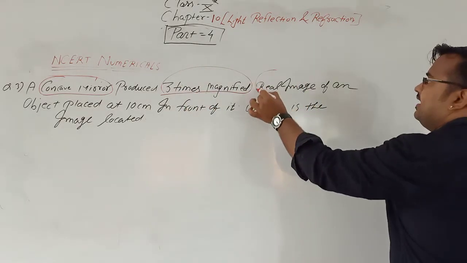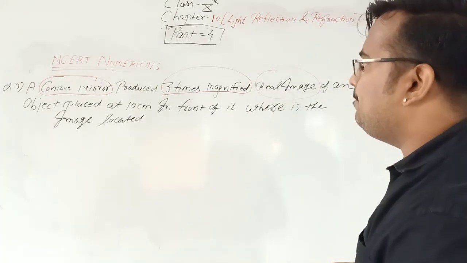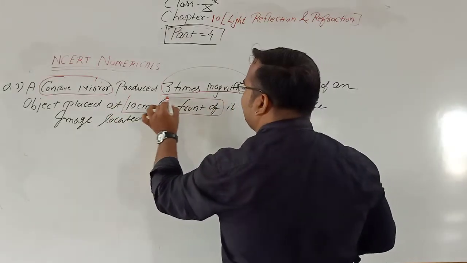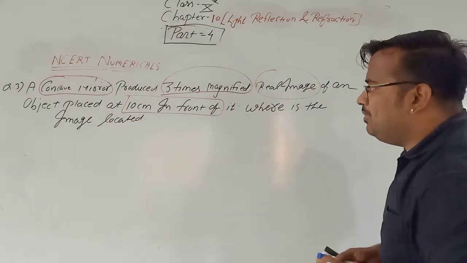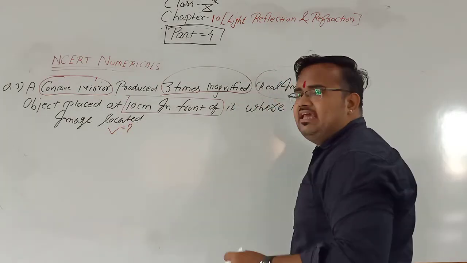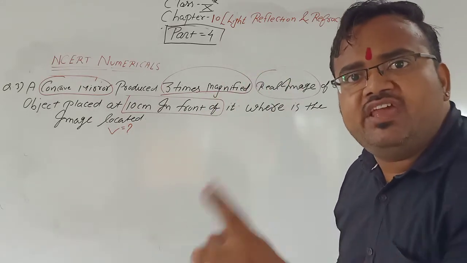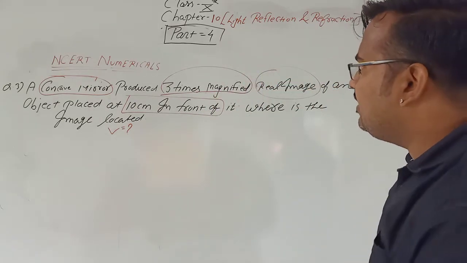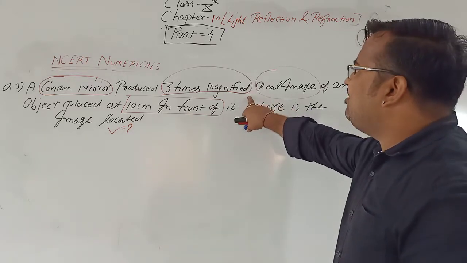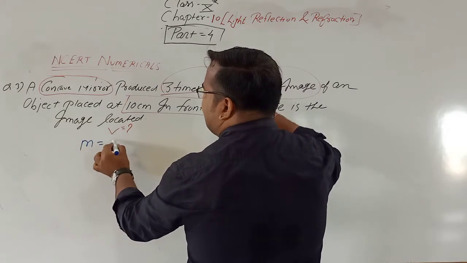That means v is not given. They have asked the value of v. u is object distance, v is image distance. So magnification is given 3.